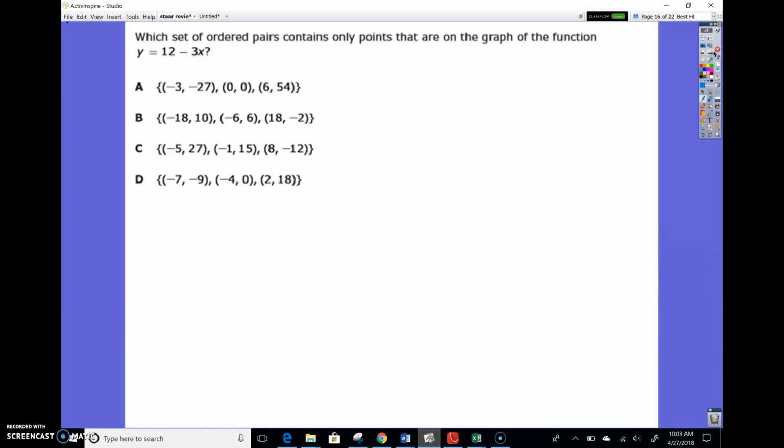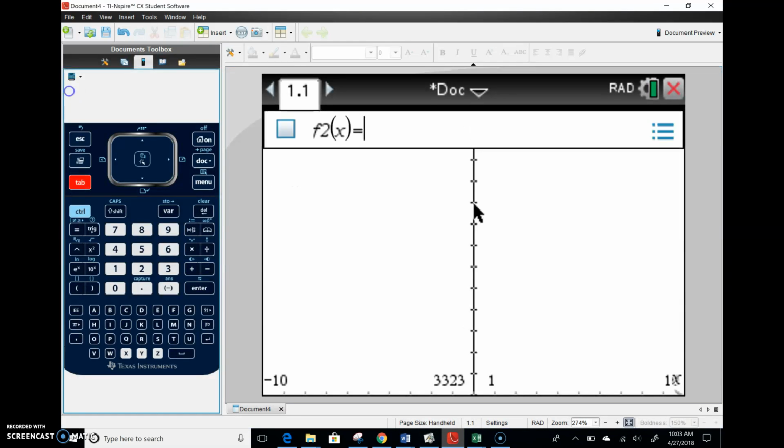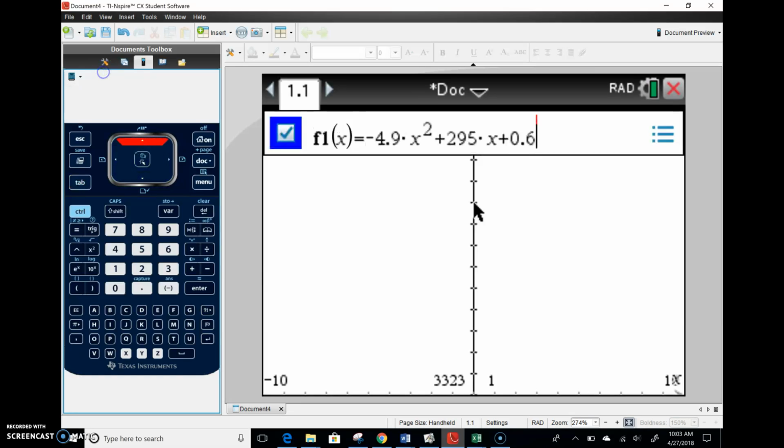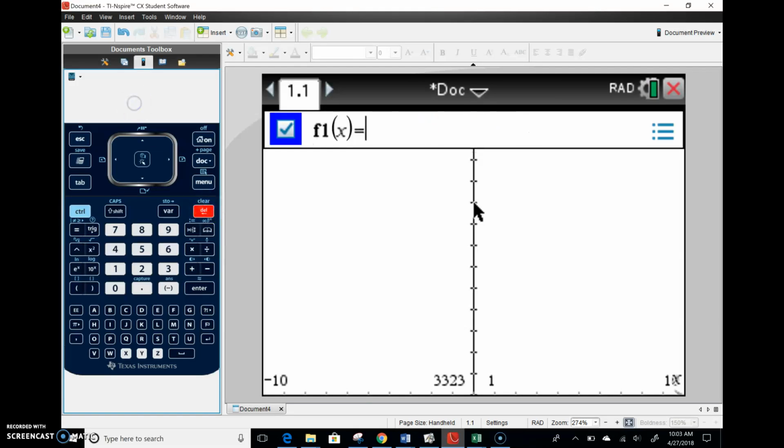Next kind of problem, we have an ordered pair problem. Okay, ordered pair is, again, easy, okay? You put this in your calculator, and then you look to see the ordered pair, that 12x minus 3.